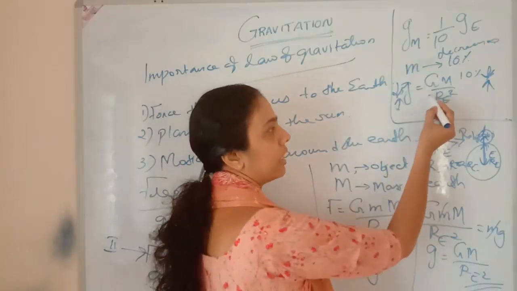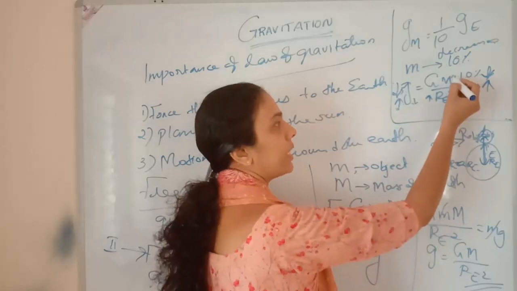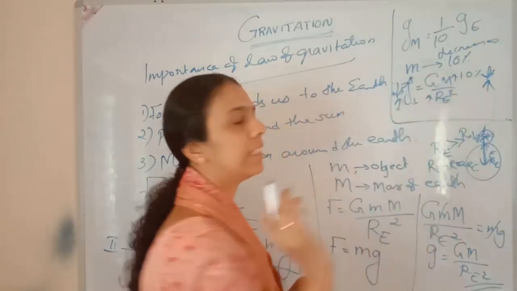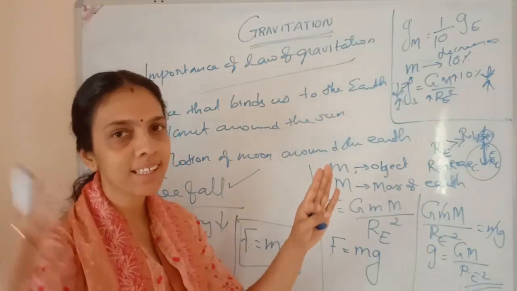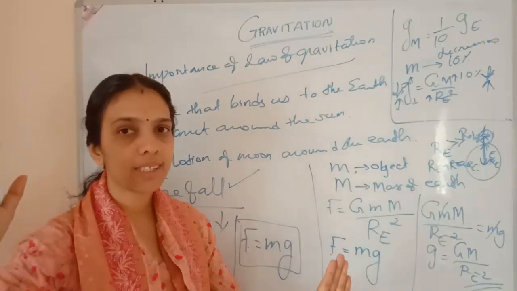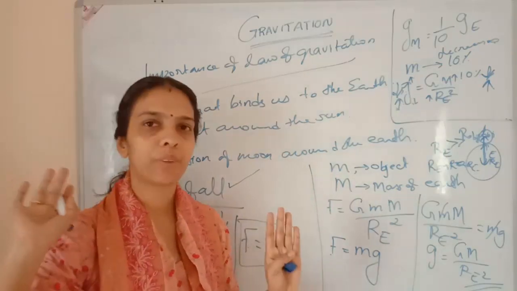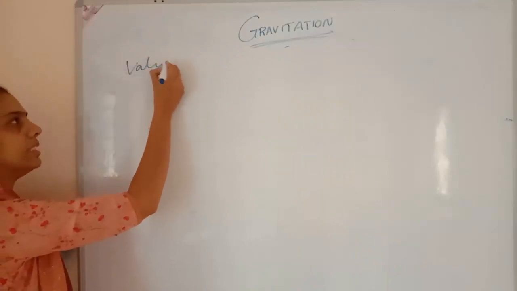Inversely proportional. If the denominator is increasing, gravity will decrease. If the numerator is increasing, gravity will increase. Clear, I guess? Numerator increases, left hand side increases. Denominator increases, left side decreases. Clear?